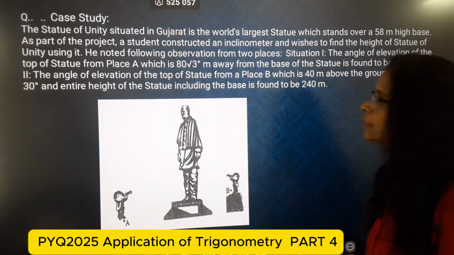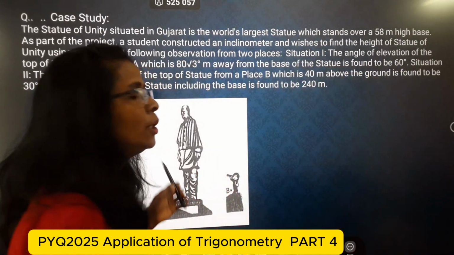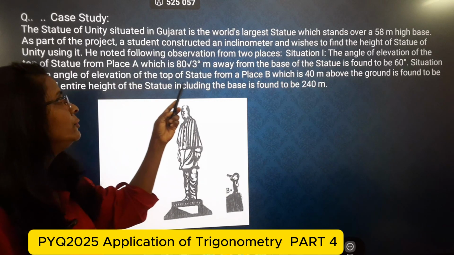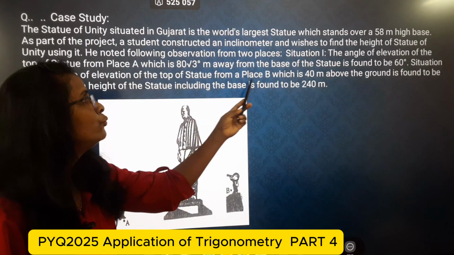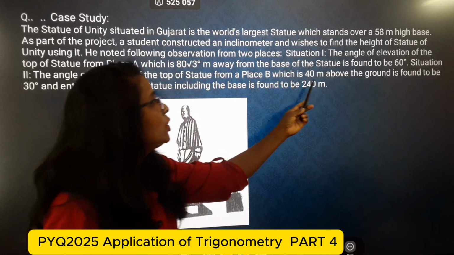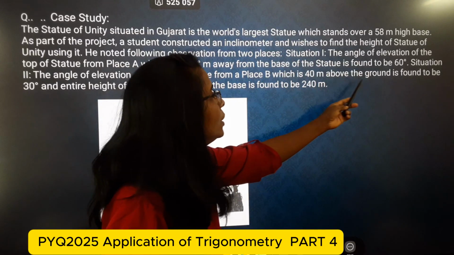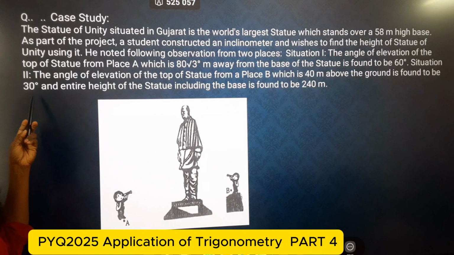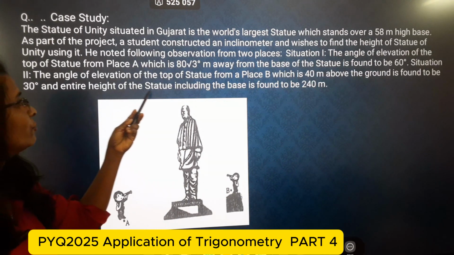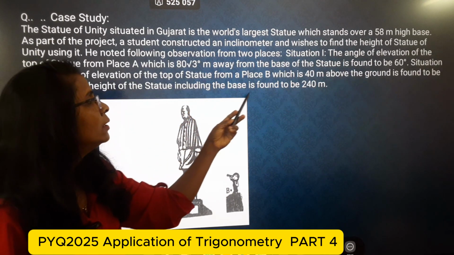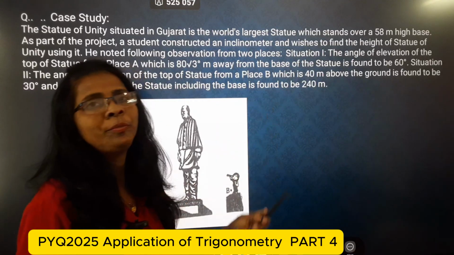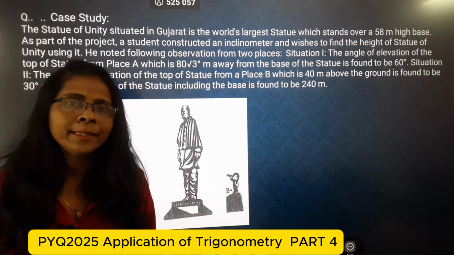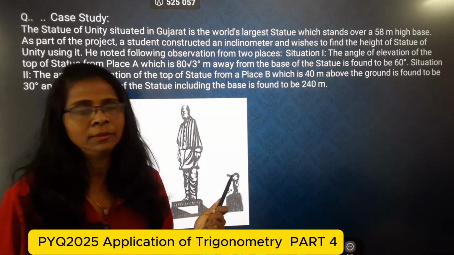And the second situation, the angle of elevation of the top of the statue from place B, which is 40 meter above the ground, is found to be 30 degree, and the entire height of the statue including the base is found to be 240 meter. So students, let us solve this example.